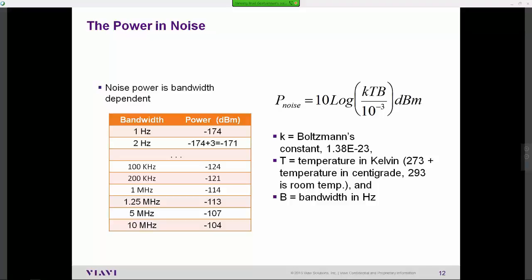Because at 1 hertz, this is the theoretical reference or starting point, negative 174 dBm. So simply if you recognize and remember this one value, and knowing the dB scale, if I double the bandwidth, 1 hertz to 2 hertz, that is twice the area. That's 2 dB, or I'm sorry, 3 dB, because you've doubled the amount of area that you're measuring. So you're at negative 171.